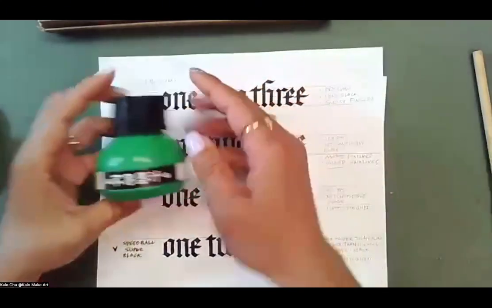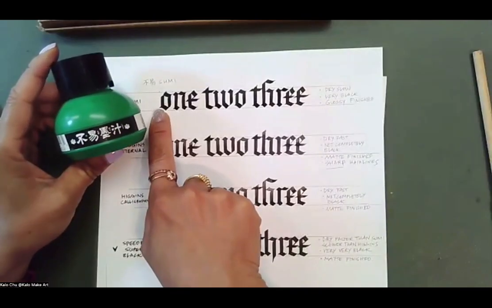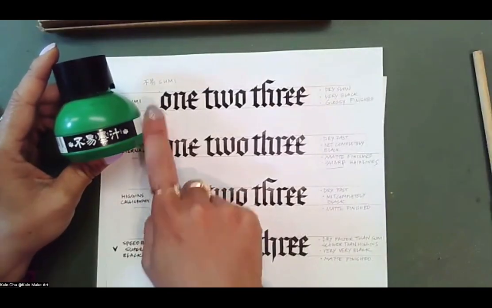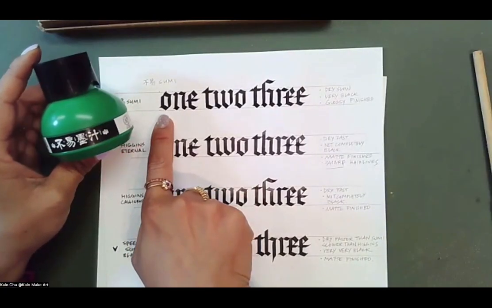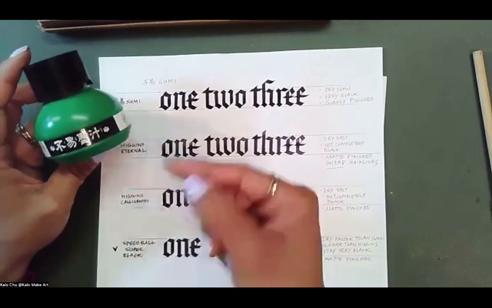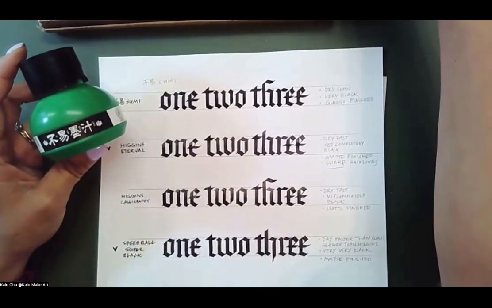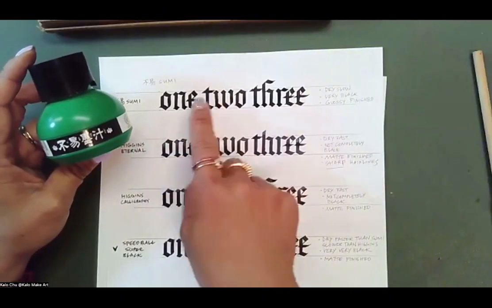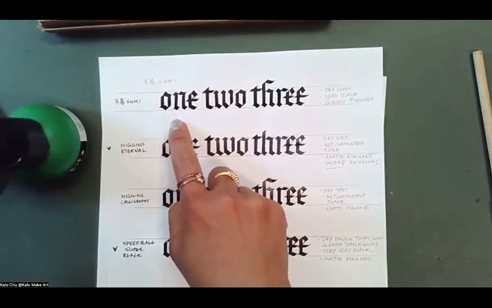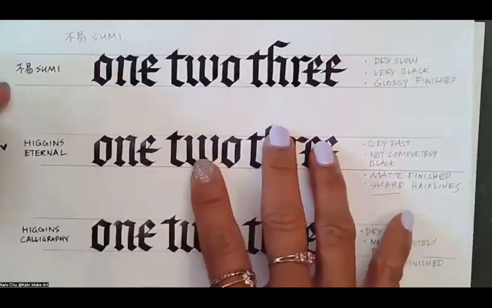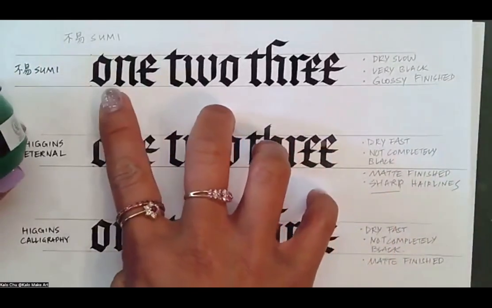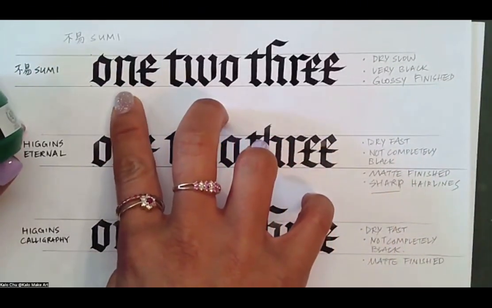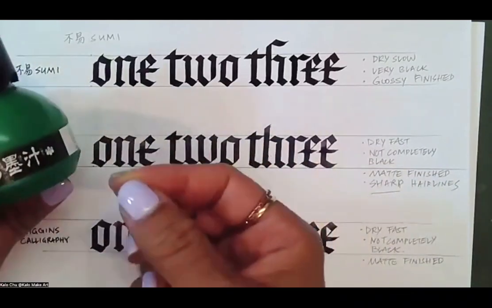So the first one is the Sumi ink, the Japanese Sumi ink. I'm sure if you're a calligrapher, you have used Sumi ink before. It's quite thick, so you can't get super sharp lines, I find. And the good thing is it's very dark. But it dries very slowly because there's so much pigment.